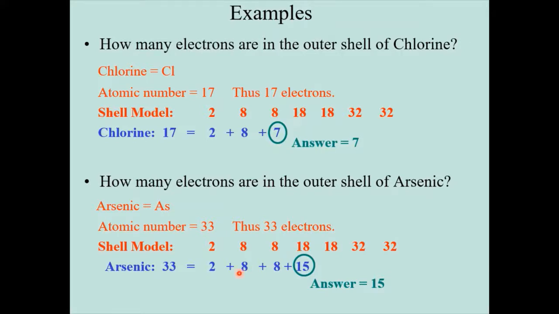So 8 plus 8 plus 2 is 18. Well, we've got 33 we have to fit. So 33 minus 18, there are 15 more electrons that we have to fit in, and all 15 of those can fit in this fourth shell because it can hold 18. So our answer is there are 15 electrons in the outer shell of arsenic.